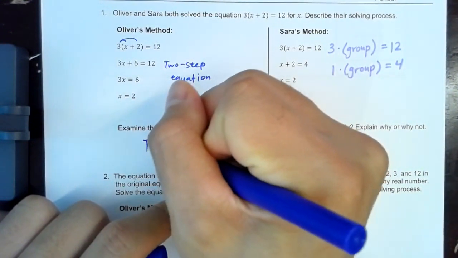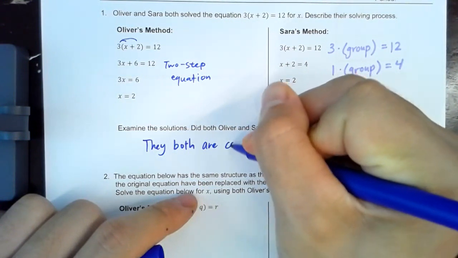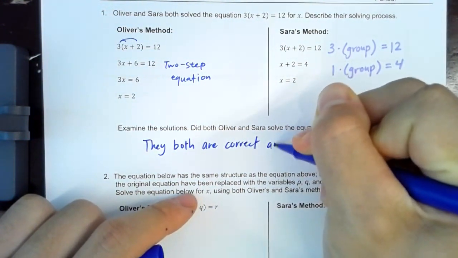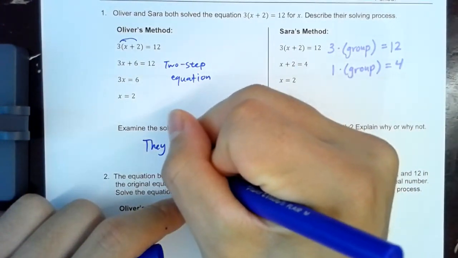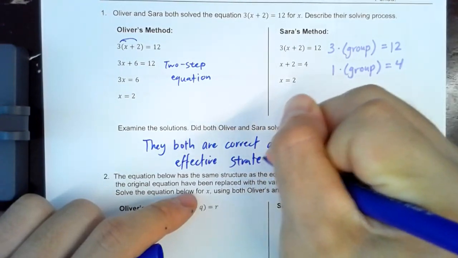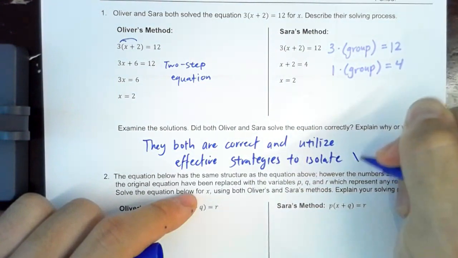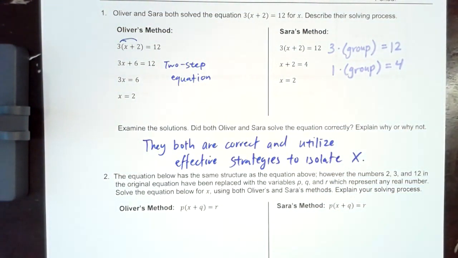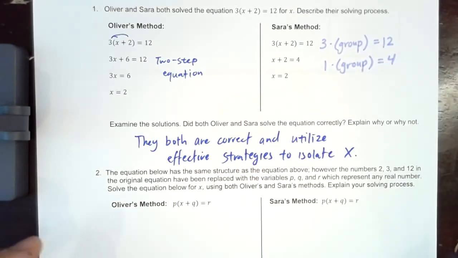They both are correct and utilize effective strategies to solve for x, to isolate x. Okay, so what if we had pure variables, right?